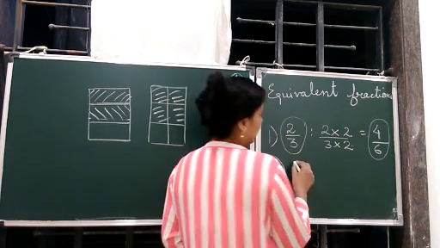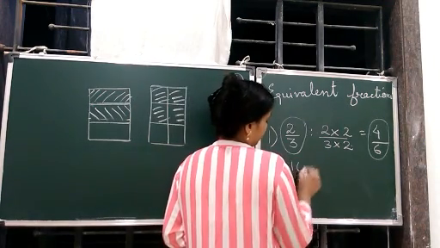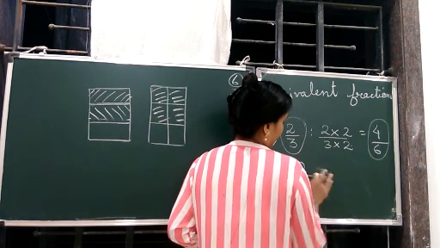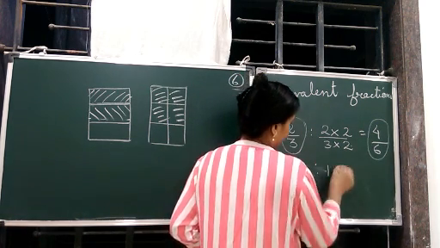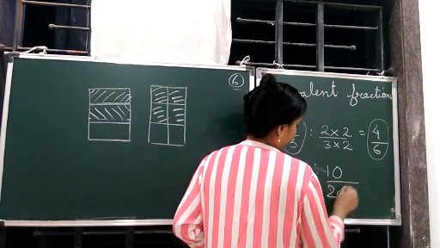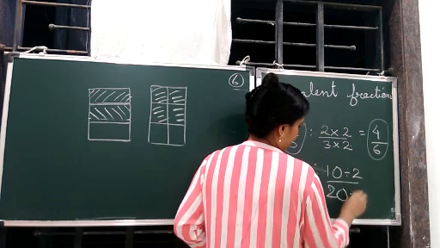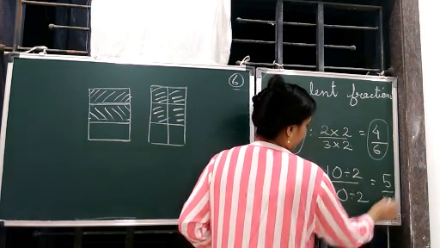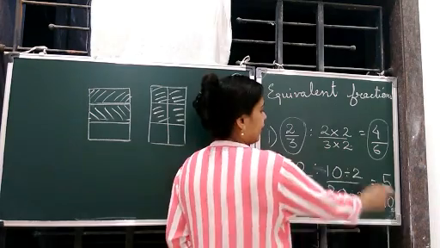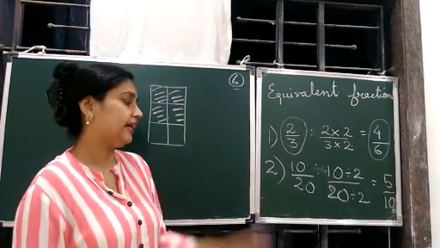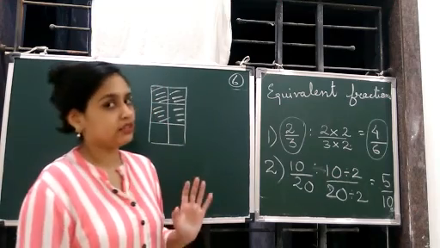For example, if you have a fraction like 10/20 and you divide both by 2, then 10/20 and 5/10 are equivalent fractions.